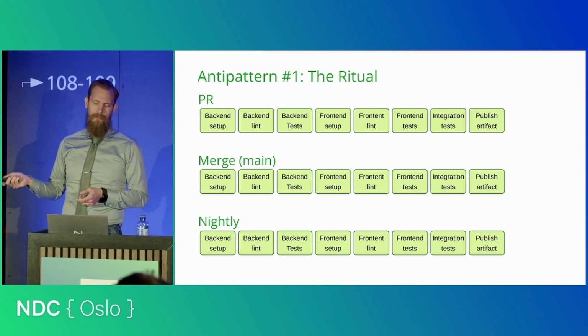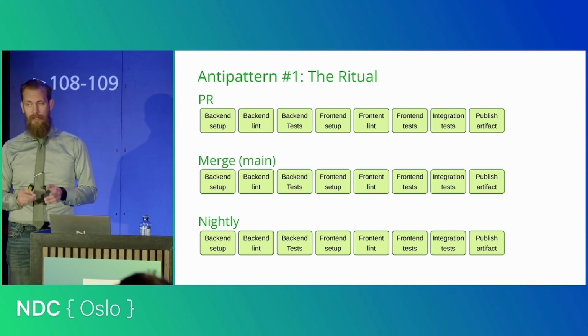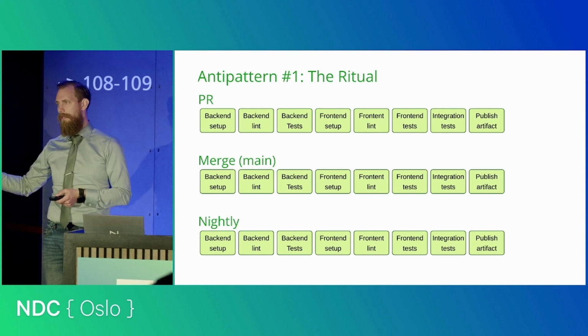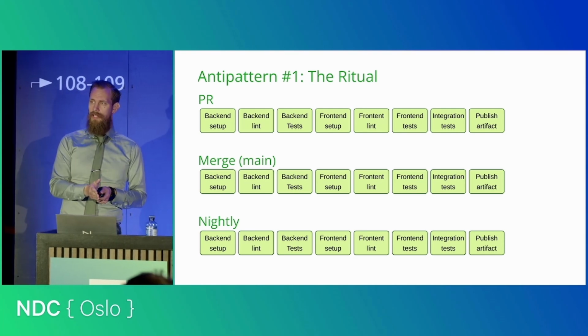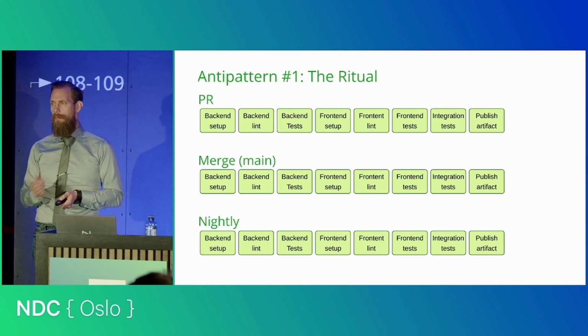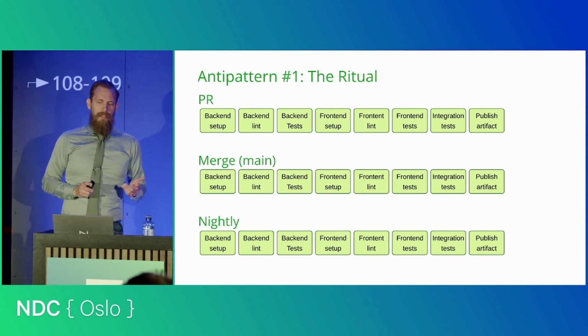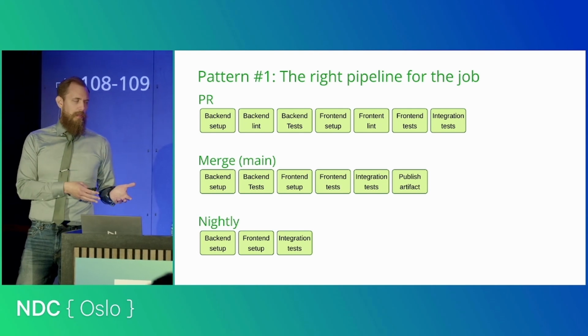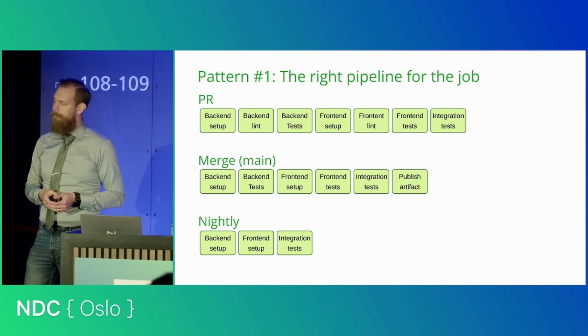We only really need to run the integration tests every night, and we definitely do not need to publish an artifact, because that exact same artifact has been published the previous night, unless the code changed, and especially the last time we merged to main. We published the exact same artifact, so we don't need to do that. So what we need is the right pipeline for the right job, and that is pattern number 1.